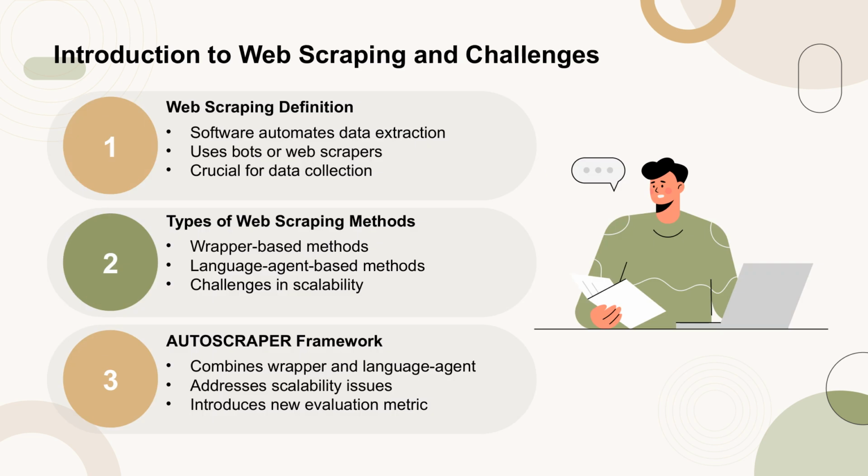Web scraping involves software automating the extraction of data from websites, typically using bots or web scrapers. This process is important for efficient data collection, which is crucial for market research and competitive analysis. Two main methods for automatic web information acquisition are wrapper-based and language agent-based.